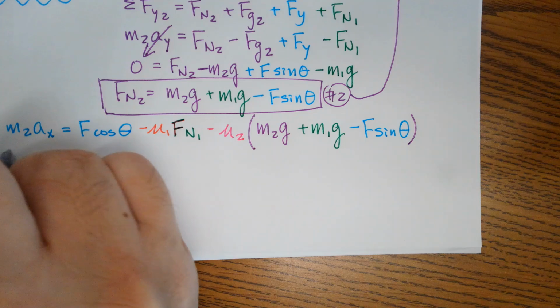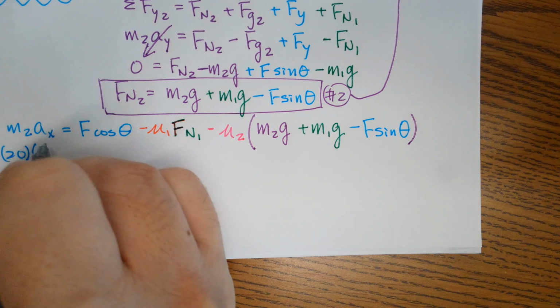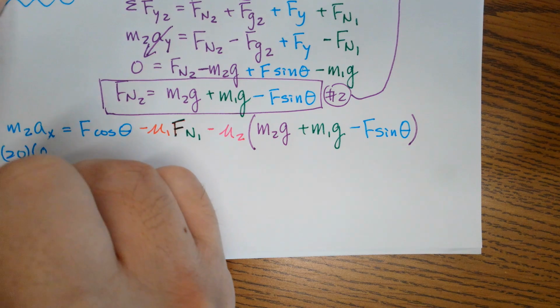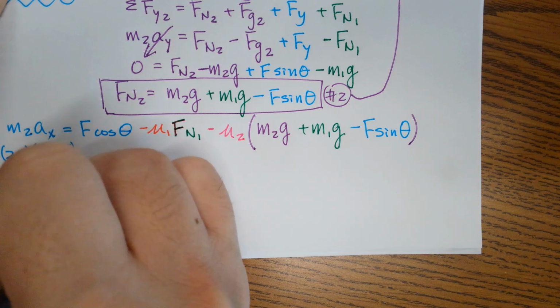So here, m2, 20. ax, we already know it as 0.98.